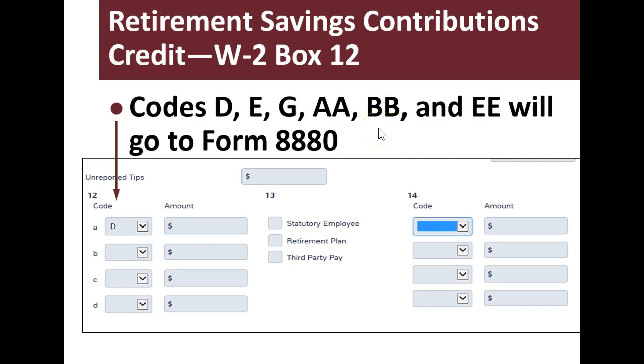These are not plans where the individual is directly contributing to a Roth IRA on their own. These are part of an employer's plan. So that's why you'll find them on a W-2.